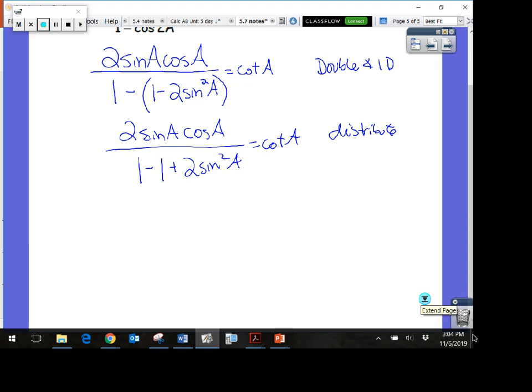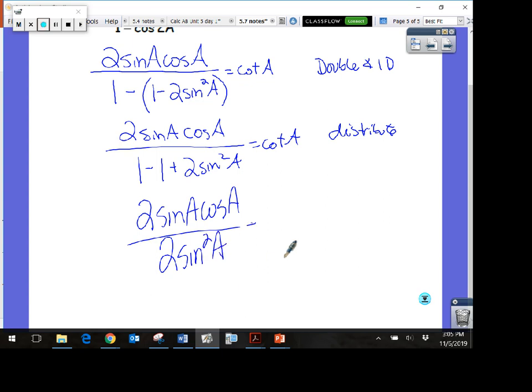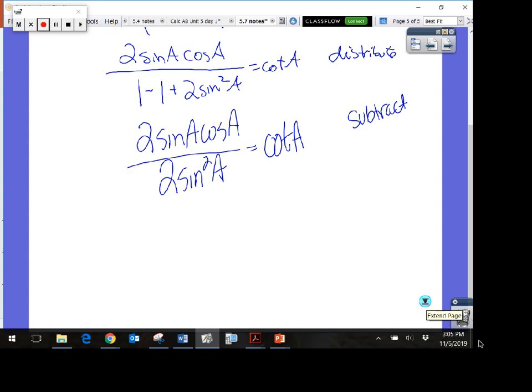And now I have a 1 minus 1, so I can say 2 sine A cosine A equals 2 sine squared A. All I did was subtract. If you like add, you can say add 1 plus a negative 1. I added also right there. Added or subtracted is fine. You can say subtract. You can say add. If you want to always say add, add always works. Subtract does not always work.